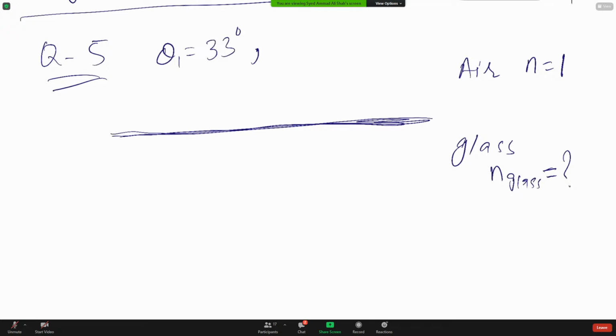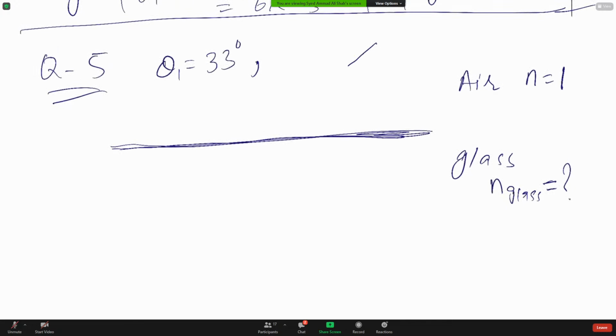So it says that light traveling in air strikes a glass plate at an angle of 33 degrees. Light is traveling in the air and it strikes the glass. So we draw this perpendicular. It says the light is striking at an angle of 33 degrees.